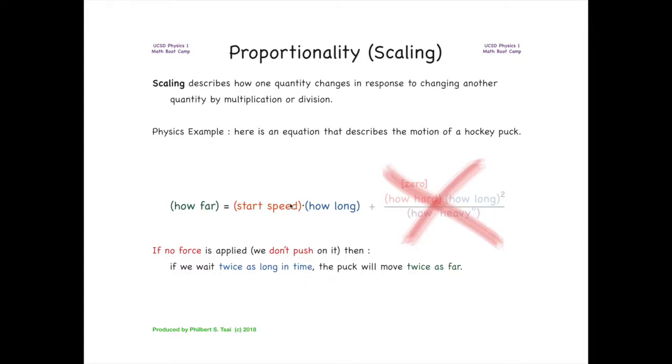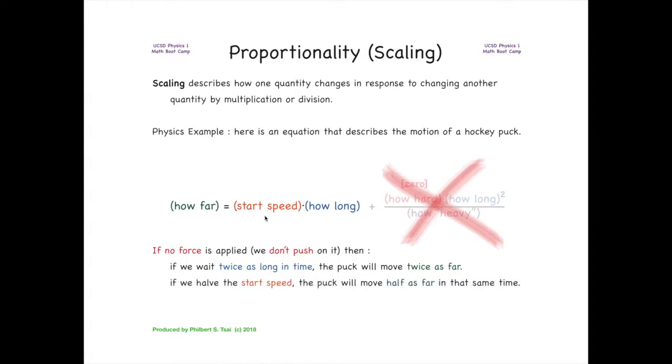In this scenario, the starting speed is a constant. That is our proportionality constant, k. And we have an equation that says that the observed quantity is equal to a proportionality constant times the quantity that we change. This is a direct proportionality equation, and so if we wait for twice as long with the same starting speed, then the puck will go twice as far.